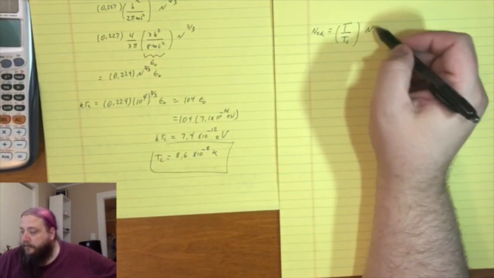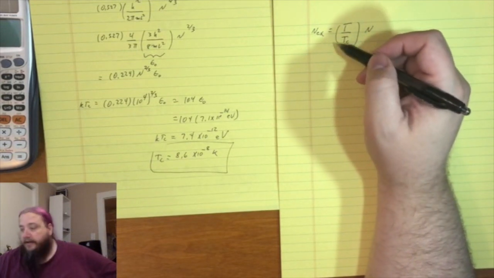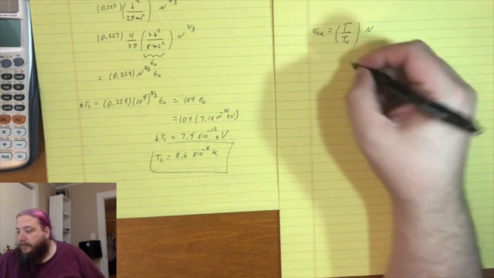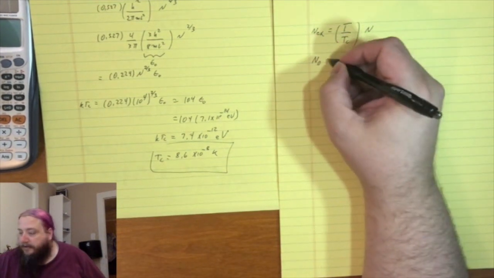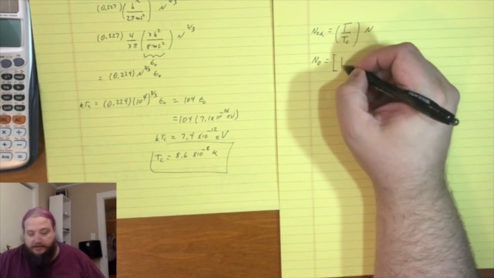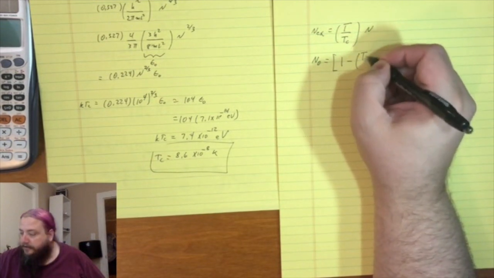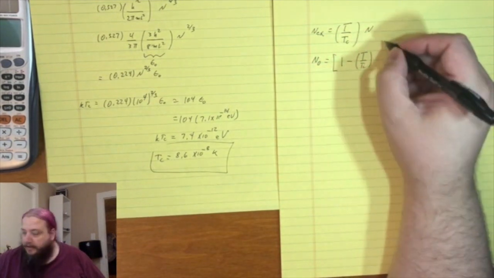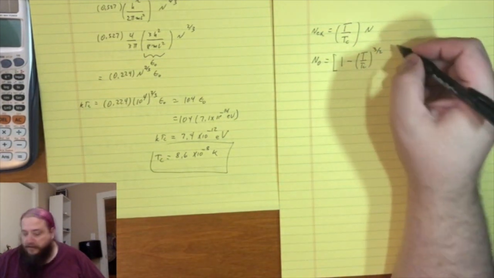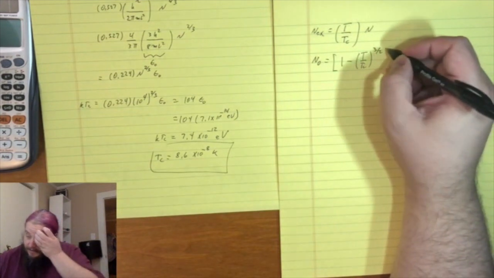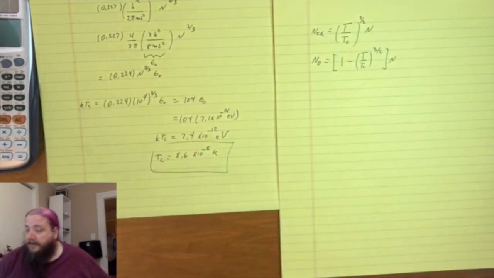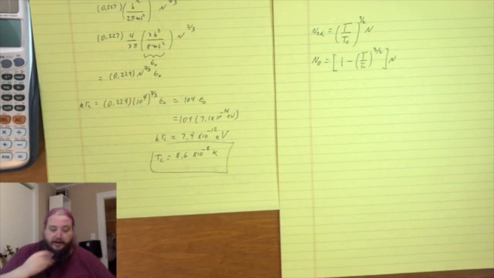So you use the number of particles to calculate Tc. Once you know Tc, then you can predict that the number of particles in the ground state should go as 1 minus (T over Tc) to the 3/2, times n, and that the number of excited states goes as (T over Tc) to the 3/2.